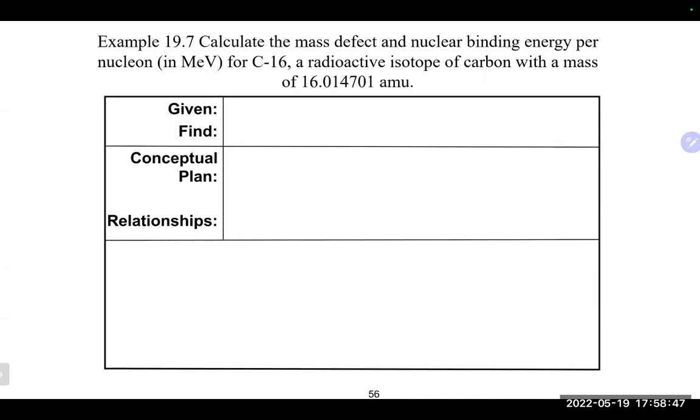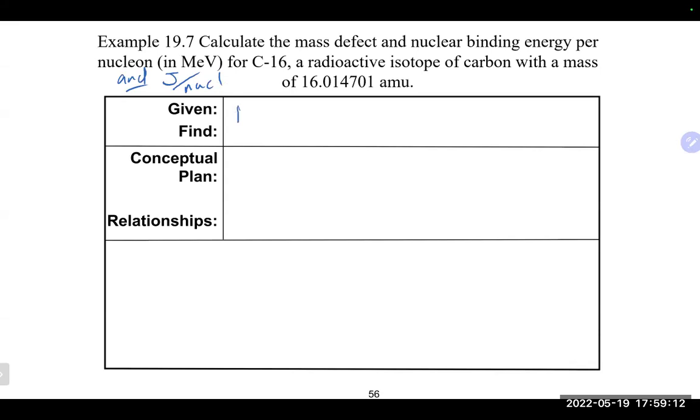So why don't you try one here, calculate the mass defect and the nuclear binding energy per nucleon in mega electron volts. Why don't we also do joules? Just do them both per nucleon, also mega electron volts per nucleon, for carbon 16. And again, I don't think you have the numbers there. You don't. So let me write them in.